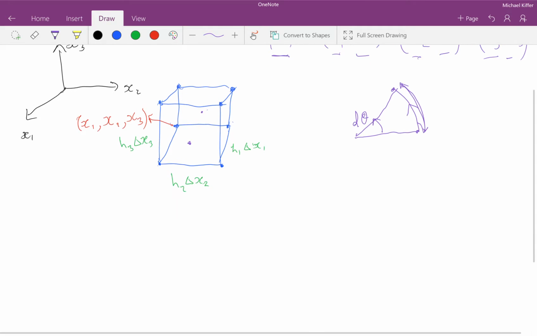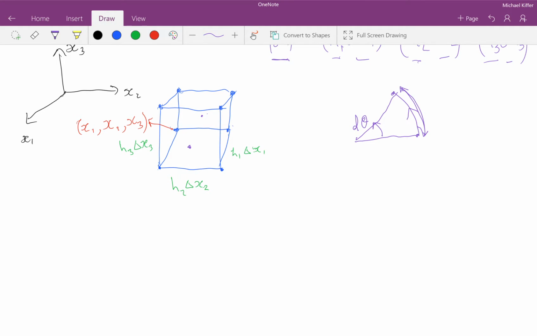Now, in taking this area integral, given some vector function A, which exists on this orthogonal basis space, is a function of x1, x2, x3, and gives us a vector with components in the e1, e2, e3 direction.